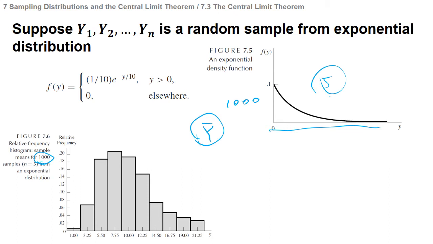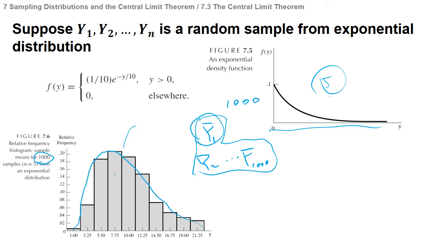So you will have y bar 1, y bar 2, dot dot dot, y bar 1000, and after getting y bar 1 to y bar 1000, take a look at its distribution. That would be the result of figure 7.6, and this is how it looks for the sample mean when n equals 5.